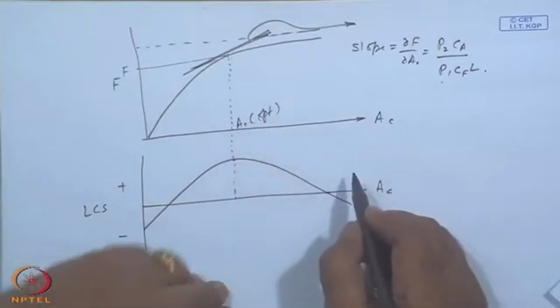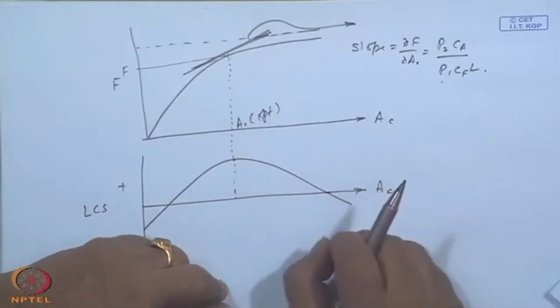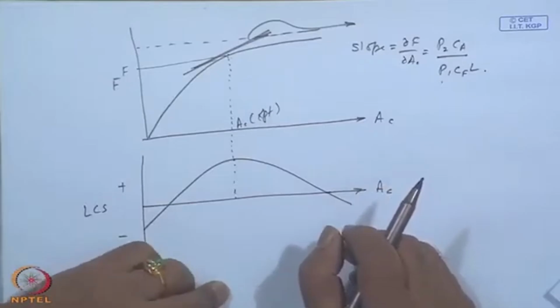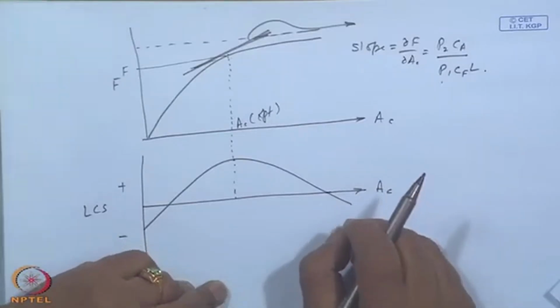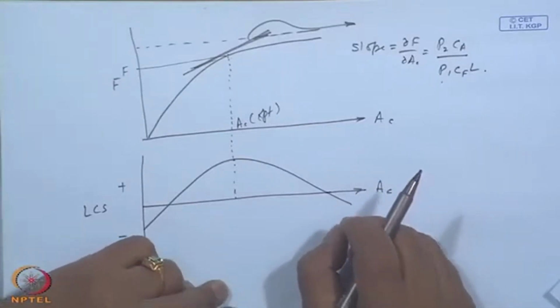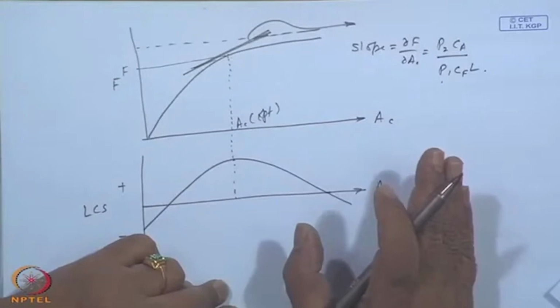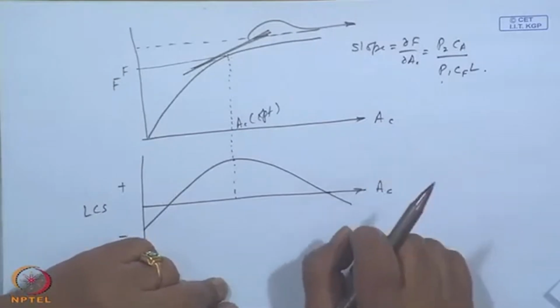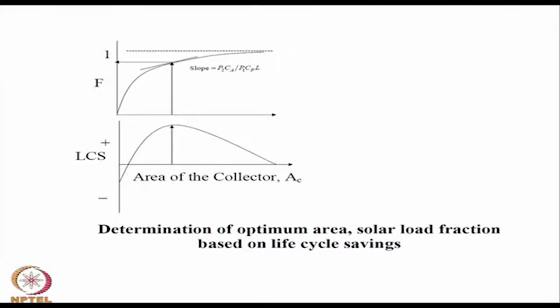So, the idea of the analysis is that you find out that the life cycle savings is a maximum, where your load fraction delivered need not be 100%, but the returns per rupee investment is the maximum. Okay.